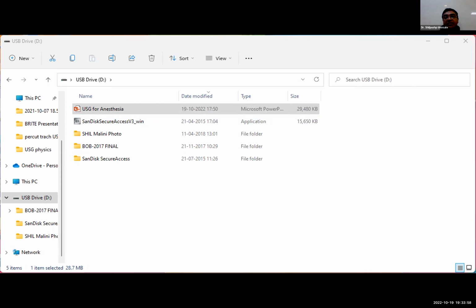Point of care ultrasound is a very emerging tool in clinical practice, which not only helps in diagnosis but also in treatment. One thing you have to understand about point of care ultrasound is that it is non-anatomical.